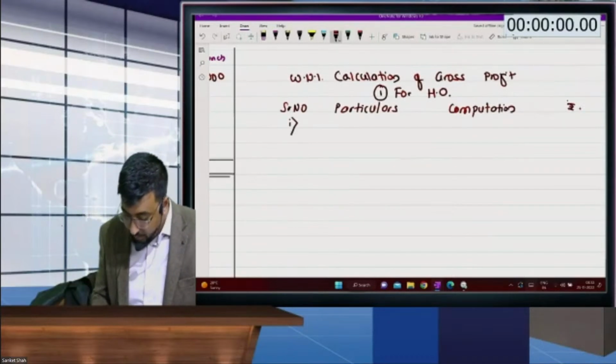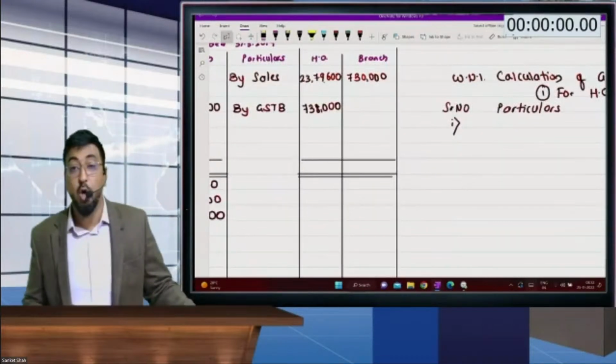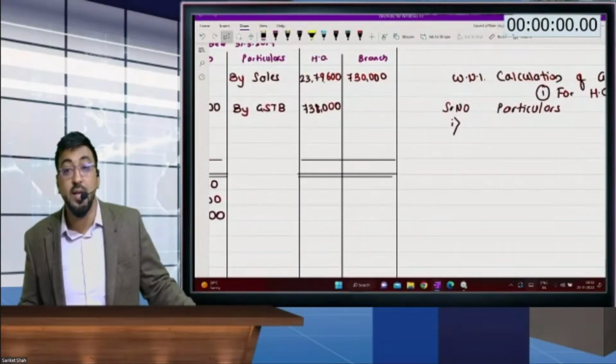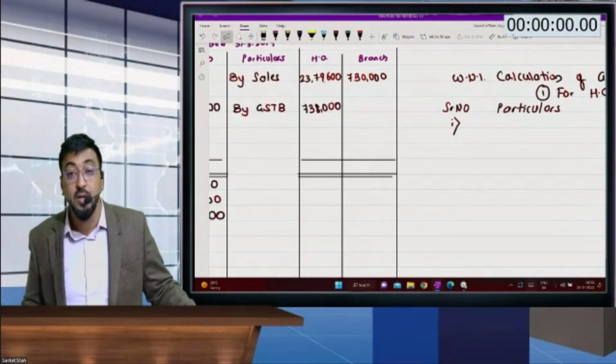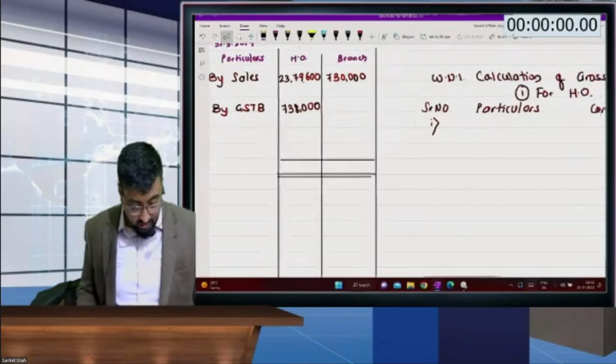Roman 1. Now see beta, gross profit is not included only in sales. Gross profit is also included in goods sent to branch. Okay.